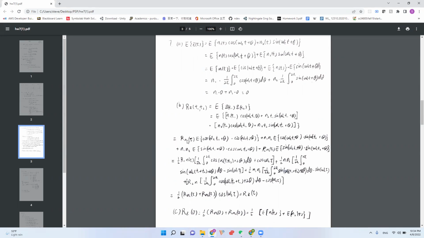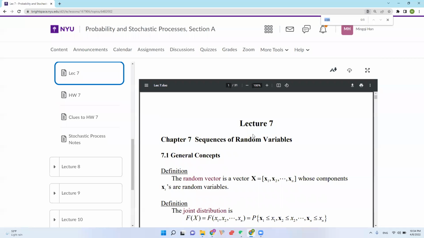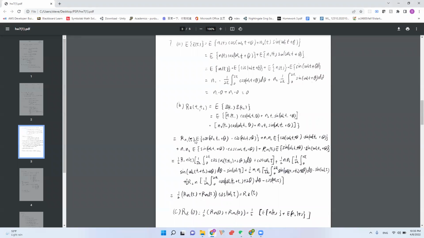However, according to the definition we have for a wide sense stationary process, instead of writing N1 N1, we can write R_N1(tau).